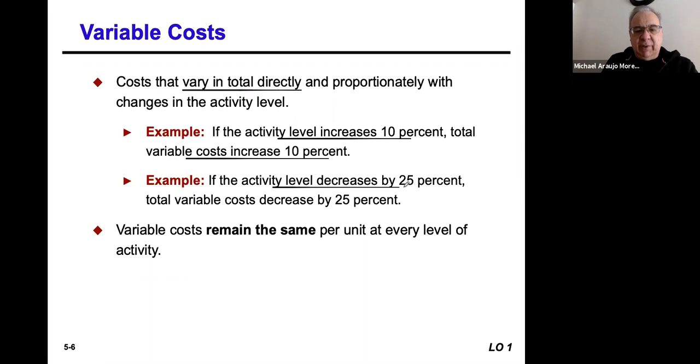If your activity level decreases by 25%, you would expect your variable costs to also decrease by 25%. Variable costs are interesting because they remain the same on a per unit basis, that you'll see, regardless of whether activity is going up or down. Per unit, the cost is the same. So what do they mean by that?